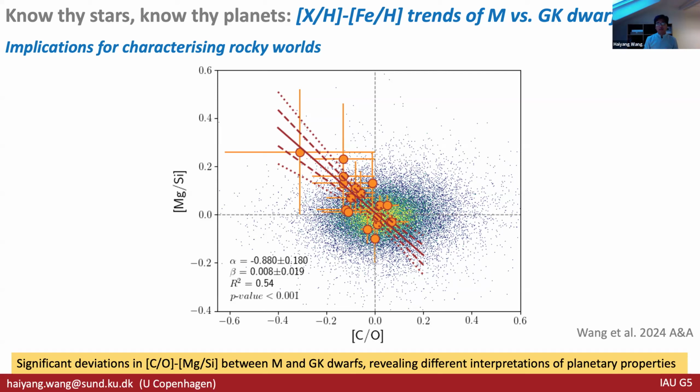So actually, based on the GALAH, which is in the background of green dots, and M-dwarf, the brown dots on the other hand, you will see that for these 2 key elemental ratios, they show this difference in terms of their trends. So this highlights that if we constrain our M-dwarf stellar composition from the solar stellar composition, it may distort our interpretation of the planetary properties for those around the M-dwarfs.